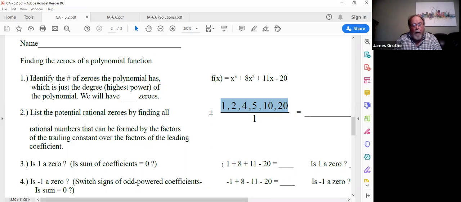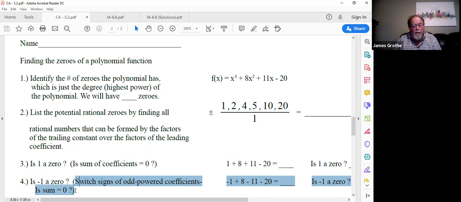How about negative 1? Well, for negative 1 again, we switch the odd-powered coefficients. So the 1 will switch to a negative 1. That's an x cubed in our power. The 8 stays positive. The 11 becomes a negative because it's an odd power, x to the first. And the 20 stays negative as an even power, x to the 0.